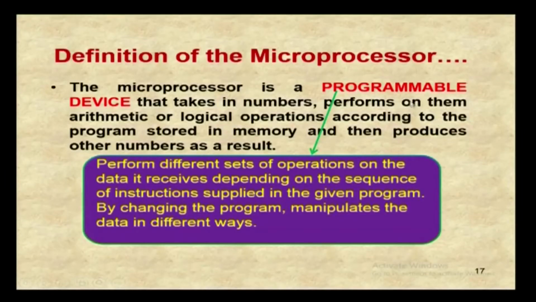Anytime we can change the program and decide what type of operation to perform. The sequence of instructions is called a program, and the microprocessor can be programmed to do that sequence as per our requirement. By changing the program, we manipulate the data in whatever way we want.